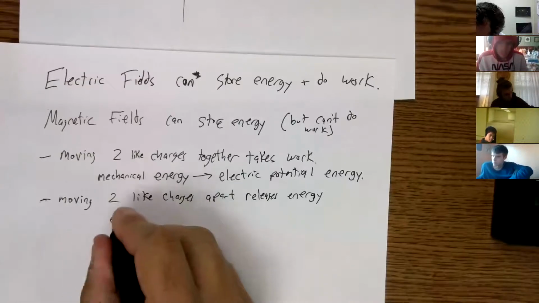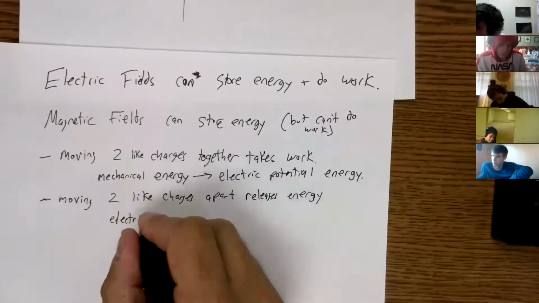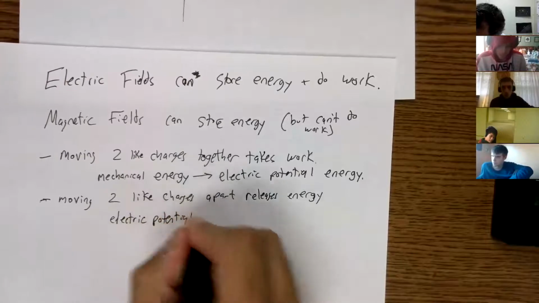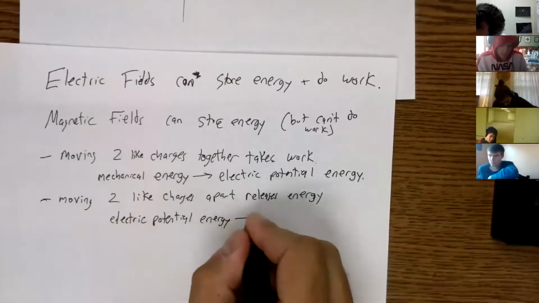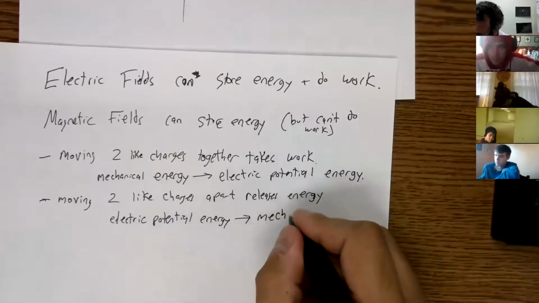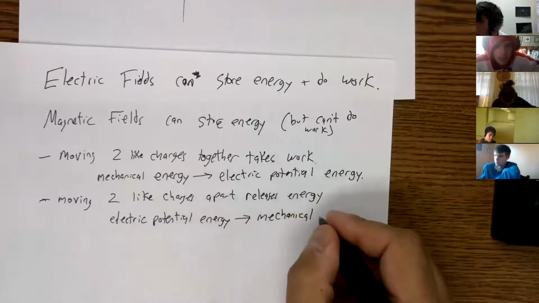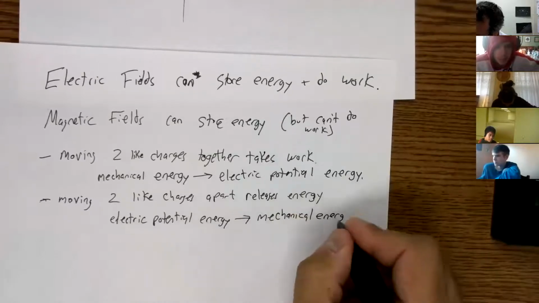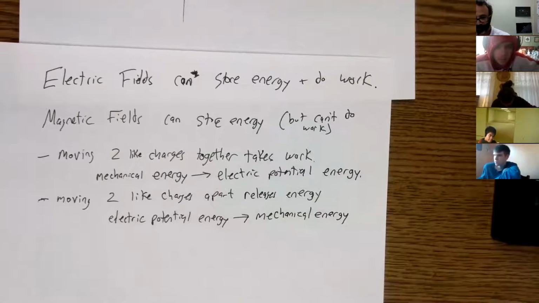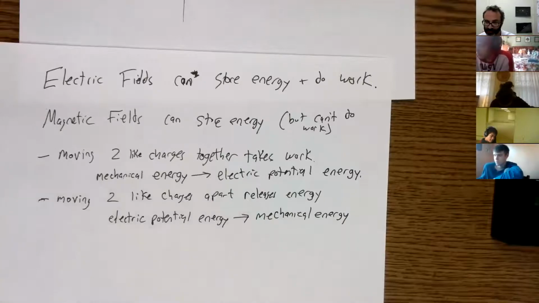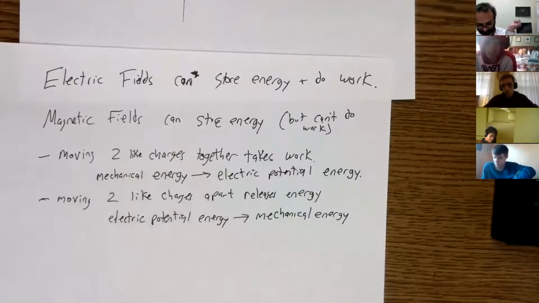In that case, the electric potential energy that's stored in the electric field changes into mechanical energy, really kinetic energy. So when you bring two like charges together, you're turning mechanical energy into electric potential energy. When two like charges move apart, that's electric potential energy turning back into mechanical energy. All right? And we know energy is always conserved, from previous physics classes, and that's always the case here as well.